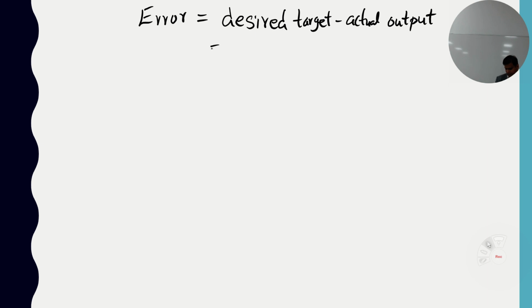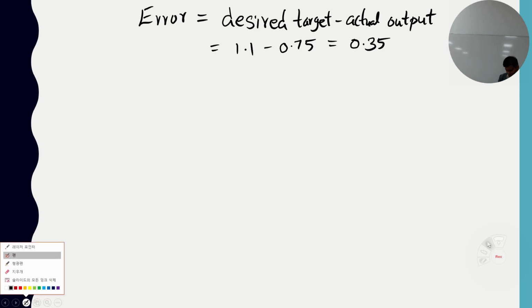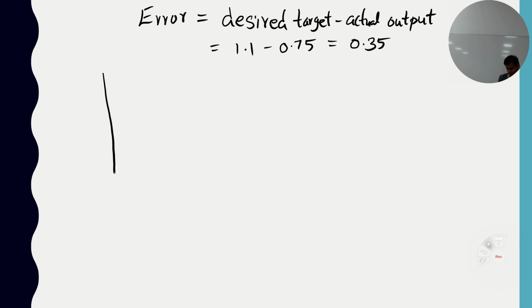In this example we have gone for 1.1, and before we had 0.75, so that takes us to 0.35. So now again you can think a bit and remind yourself of what is actually happening and think about the error values.